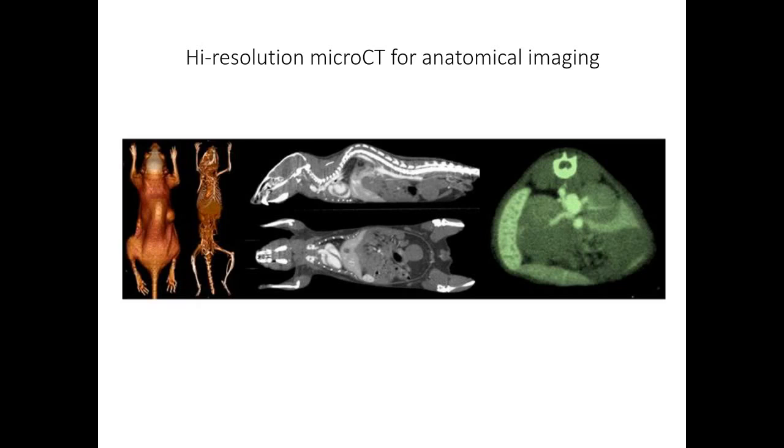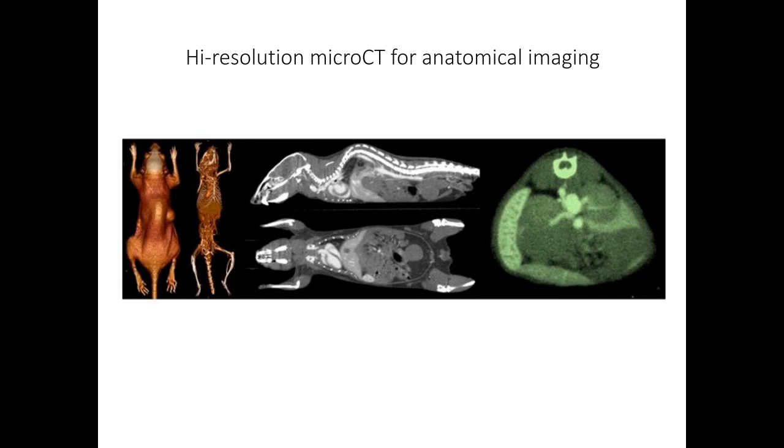And these mice are relatively small. I would say they're probably a couple centimeters in length, maybe 2-3 centimeters in width. But you can really get high-resolution anatomical structures simply from imaging using micro-CT.